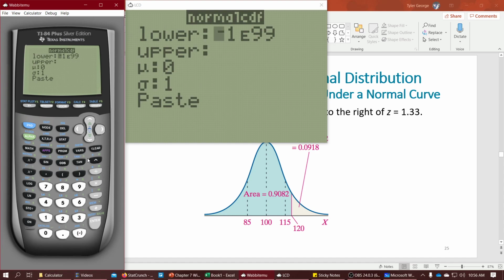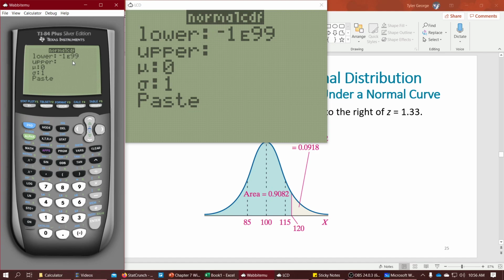So this is where I'm talking about the calculator, we don't actually technically have to adjust. So we have two options right here. We can either work with our original mean and variance in our original x value of 120, or we can work with our standardized value. So to start, I want to work with our standardized. So when it says lower, it's talking about the lower side of this area diagram here. So we're going to let it go all the way down to negative 1e99.